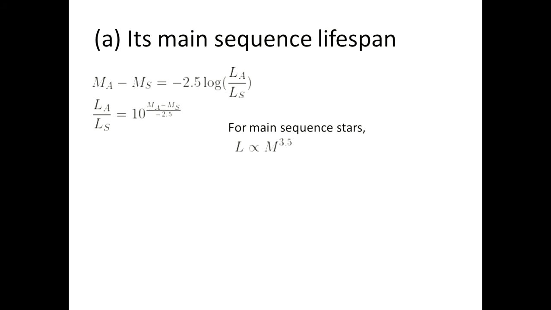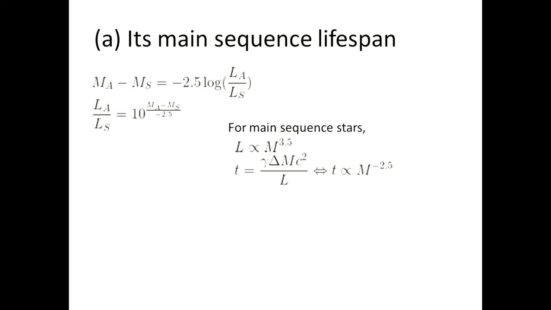We must remember that for main sequence stars, luminosity is proportional to M to the power of 3.5. Please notice that this M doesn't mean magnitude, because that wouldn't make sense. This M is for the main sequence characteristic, meaning the mass of the star.